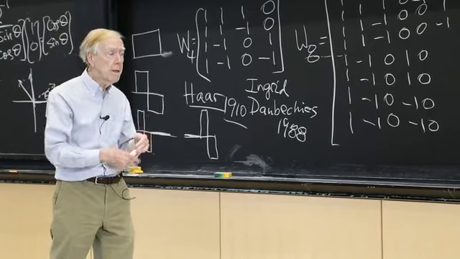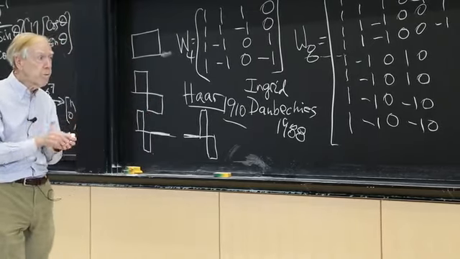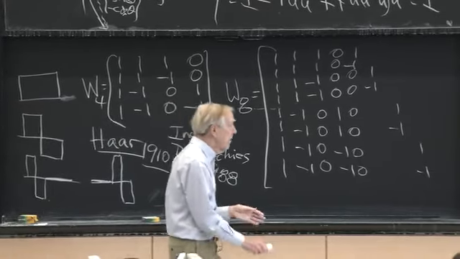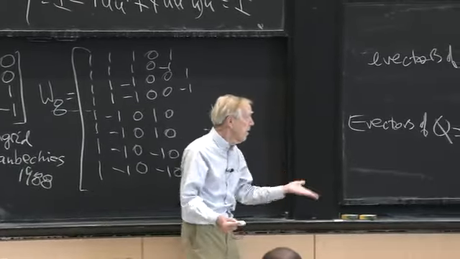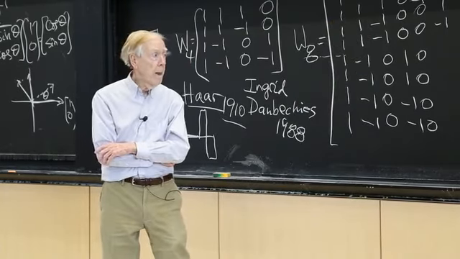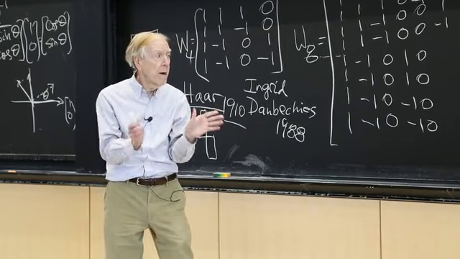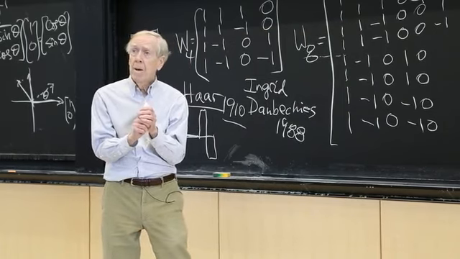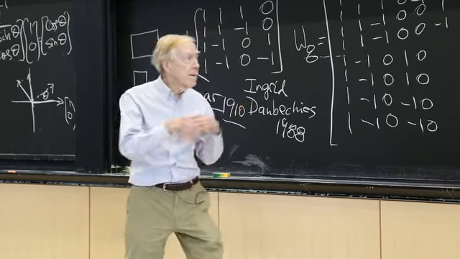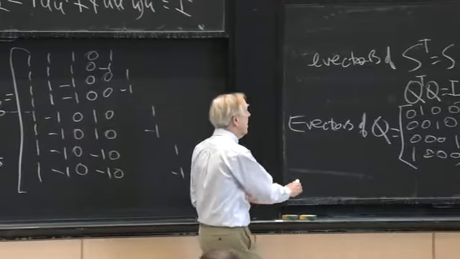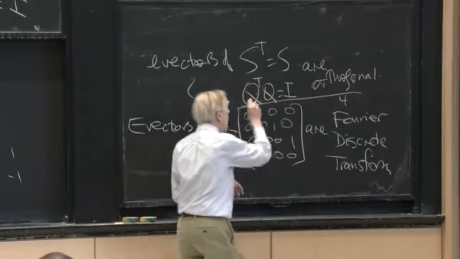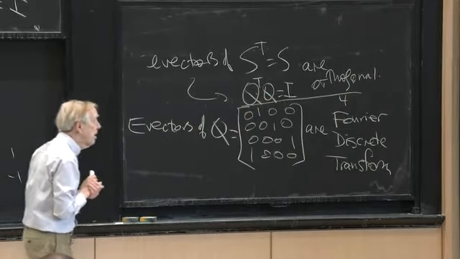I mean, that's the way to see it, is split it into its frequencies. And that's what the eigenvectors of this will do. So we're going to see the discrete Fourier transform. But my point here is to know that they're orthogonal just comes out of this fact that the eigenvectors are orthogonal for any Q, and that is certainly a Q.